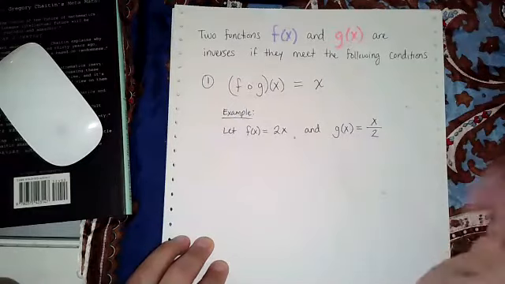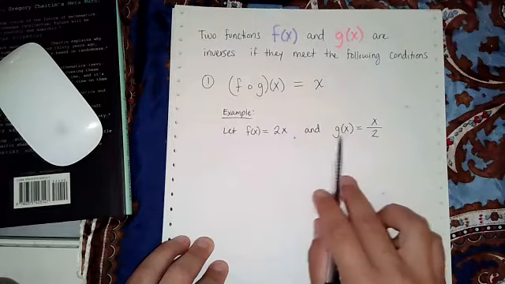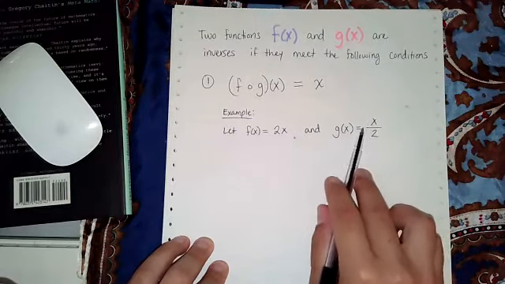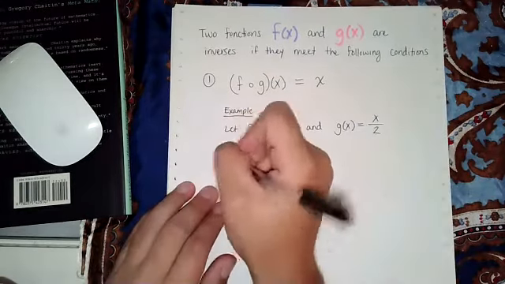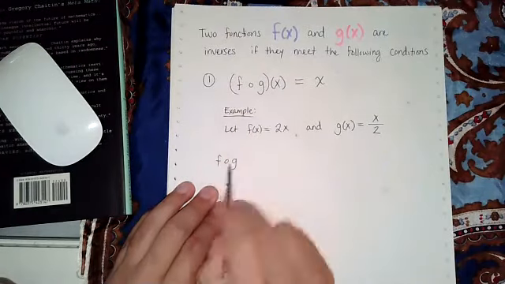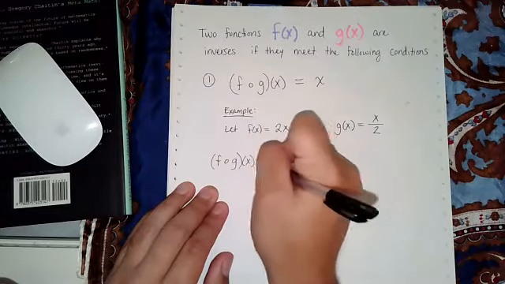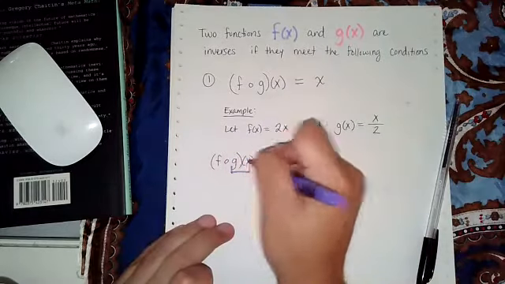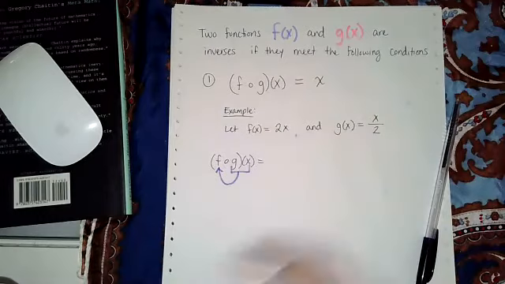So now I have two functions. f of x is this doubling function, and you can sort of think of g of x as being the halving function. That is, it takes the input and divides it by 2. If I were to compose these functions together, and remember this open circle means compose, what that means is that I need to take g of x and plug it in as an input for f of x.